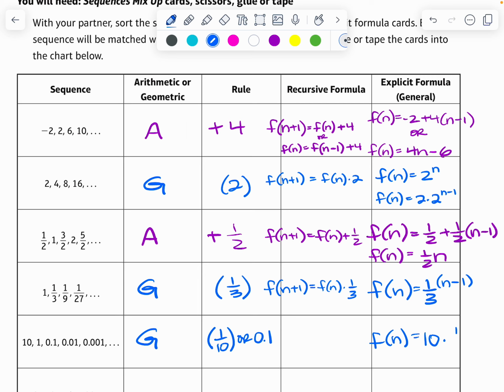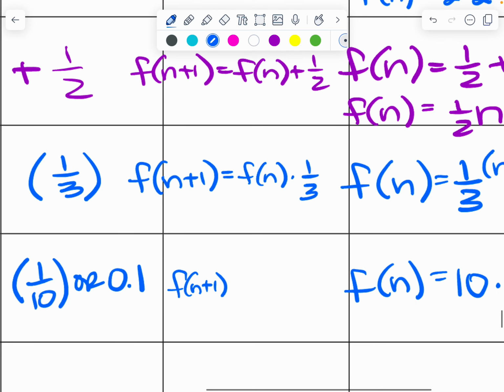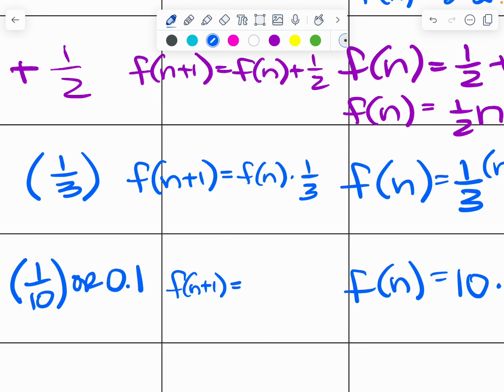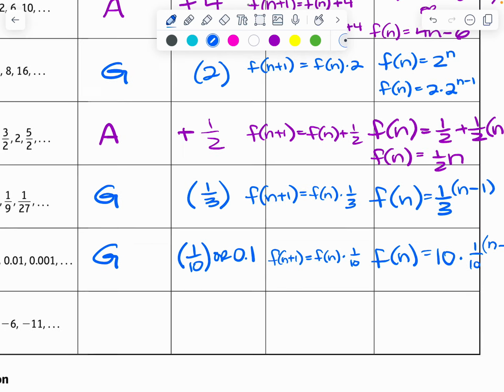I'm going to multiply by 1/10 to the n minus 1. I'm writing very tiny. Woo, I'm zooming in for you. There you go.